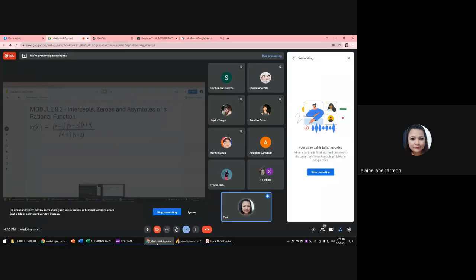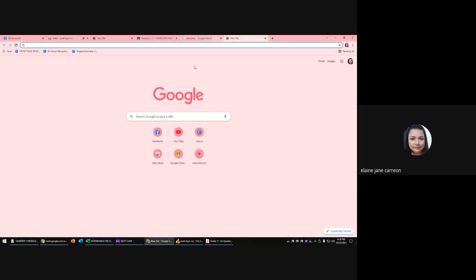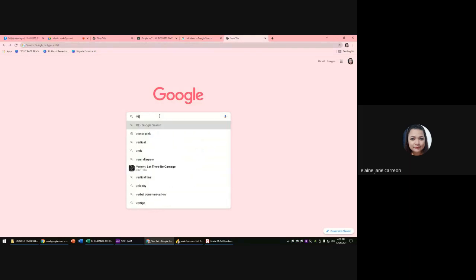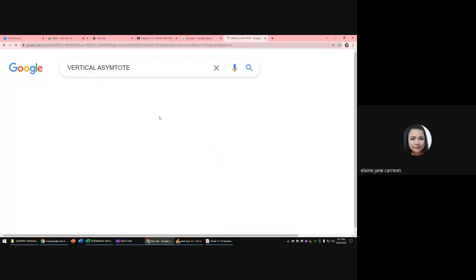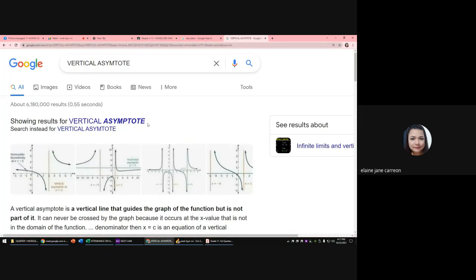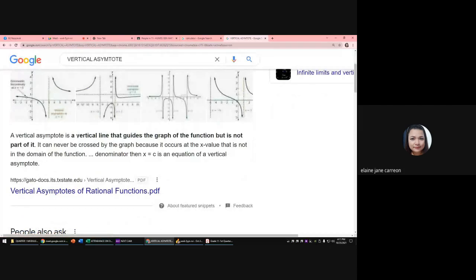Nga pala, let's define what is a vertical asymptote. A vertical asymptote is a vertical line, vertical ibig sabihin patayo, that guides the graph of the function but it is not part of it. Ibig sabihin, it gets closer and closer but it will not intersect.